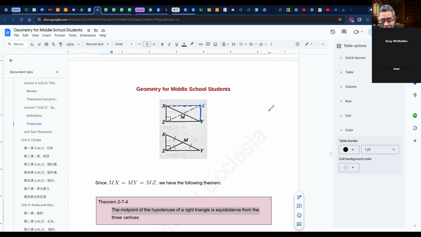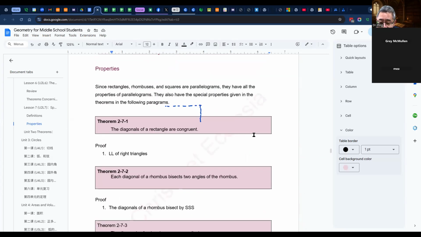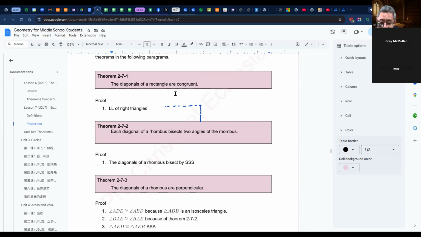So now we've got a rectangle. Based on what we learned about rectangles, the diagonals of a rectangle are congruent.